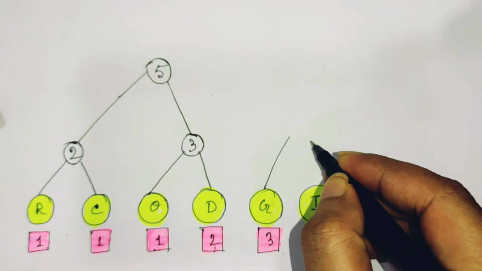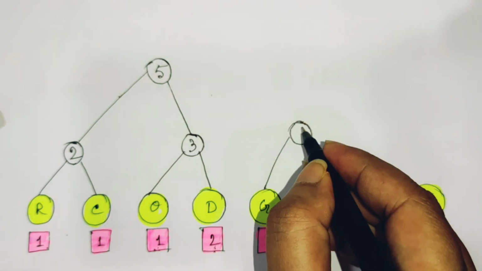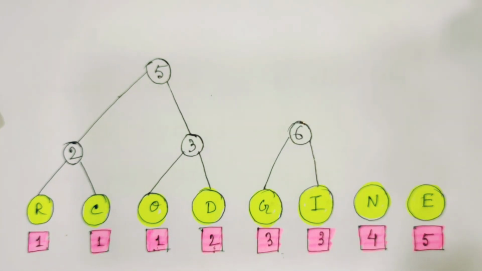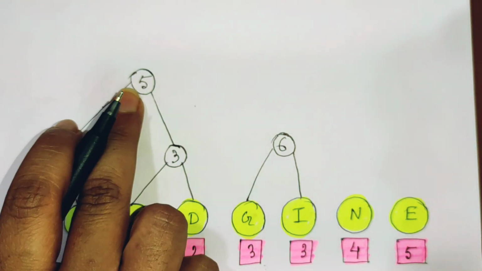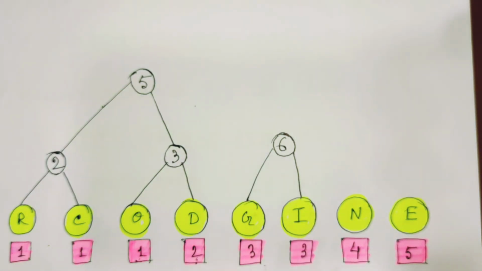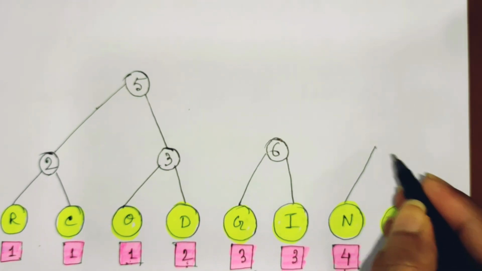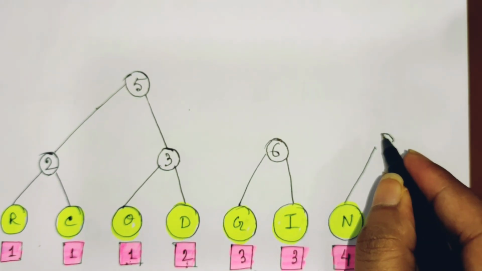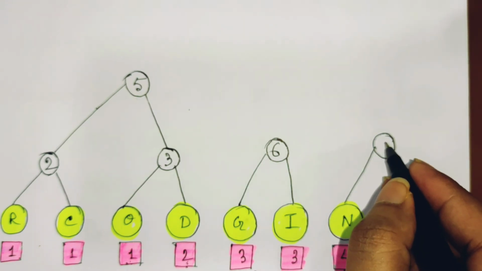If we combine them, this value is 6. The next minimum values are 4, 5, and here also 5 and 6. Among these, 4 and 5 are less, so we create another combination. This is 4 plus 5, which is 9.